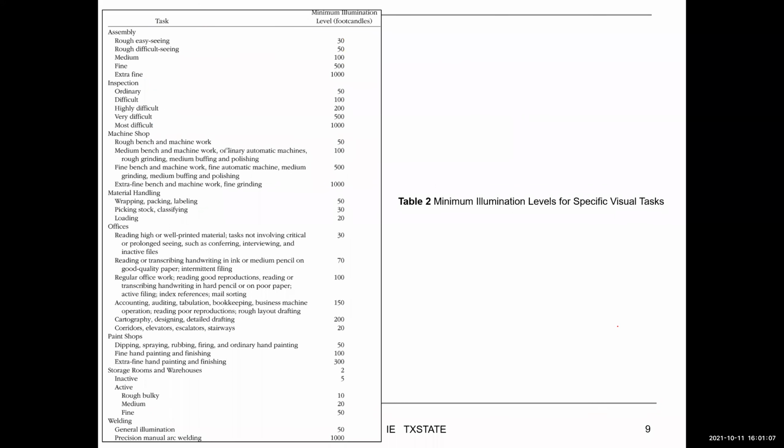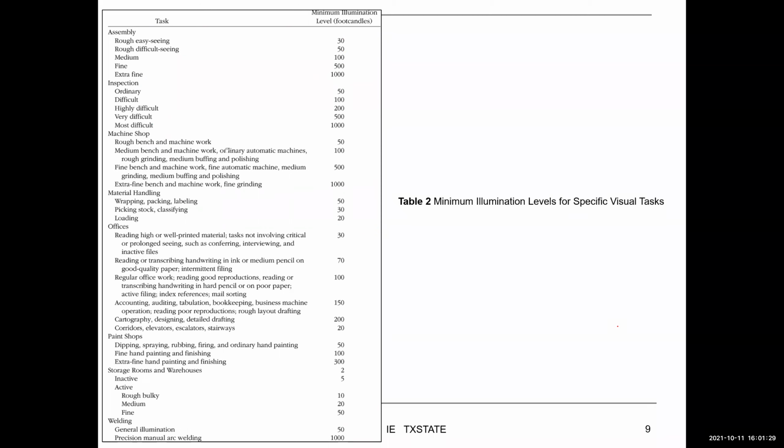I don't know if you can see this from there, but this is a table from your textbook. It shows the different tasks that are typically performed in a manufacturing facility, and based on those tasks, the minimum level of illumination in terms of foot candles for that activity.